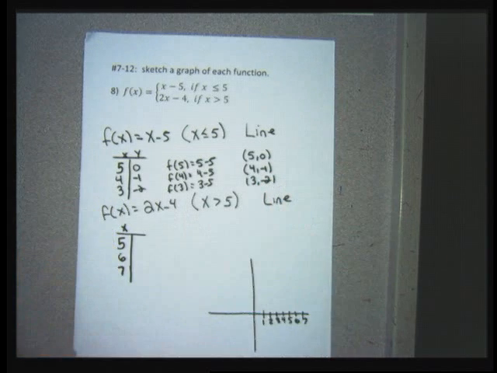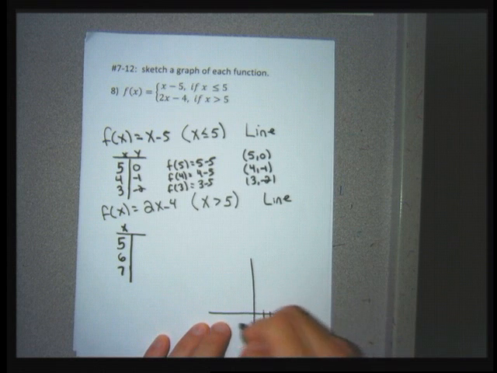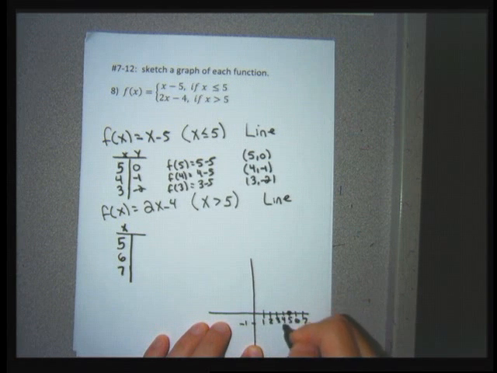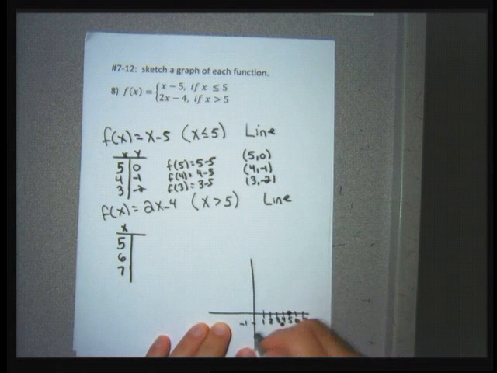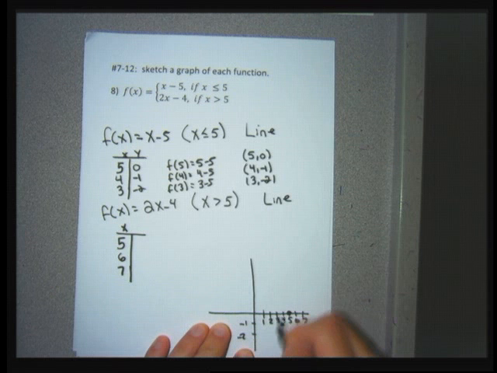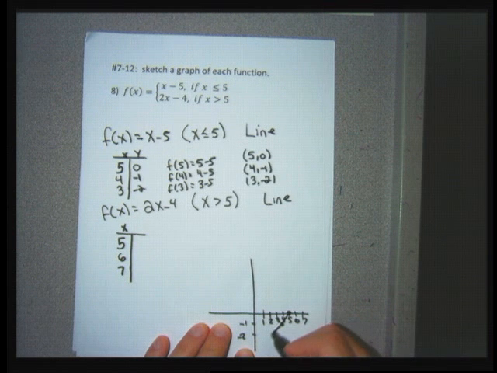So let me plot those points quickly. I'm going to plot the point 5, 0, which is an x-intercept actually, and then the point 4, negative 1. So I go right 4, down 1, and then 3, negative 2. It should happen that if I did this properly, my points are going to line up perfectly on a line. And generally, when I draw a graph, I make my line go forever in both directions.